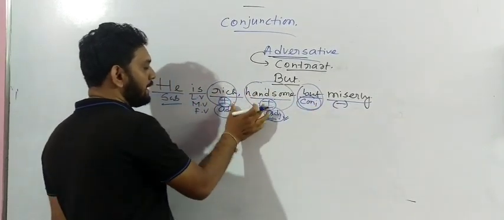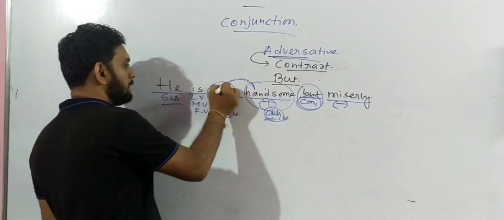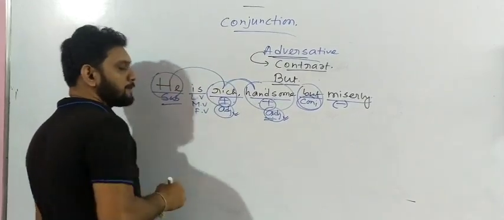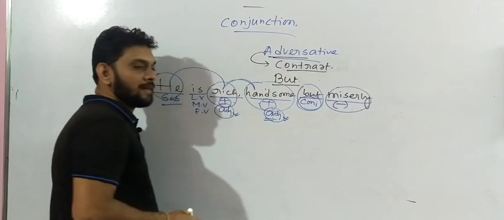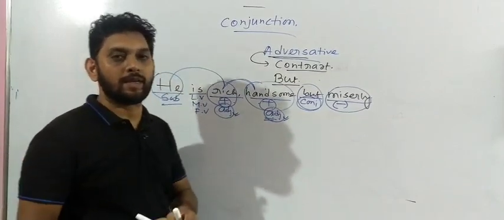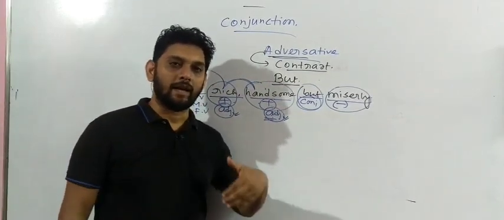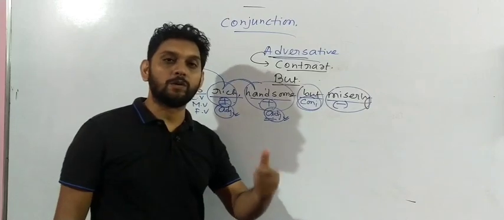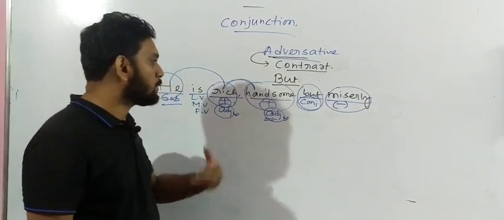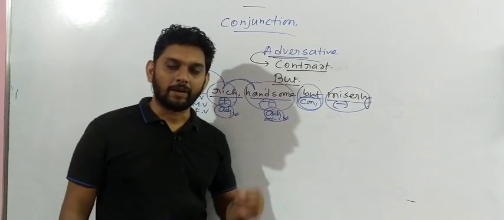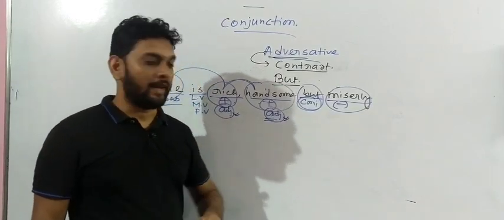That means I have written two positive words about this person, but another negative word, miserly. Whenever you want to give a positive sense and also a negative sense about a person, then you should use but.